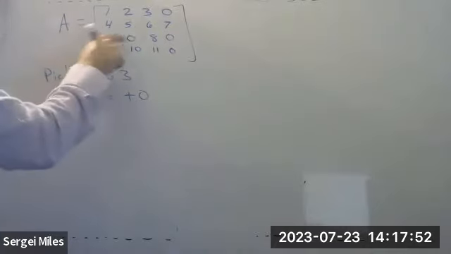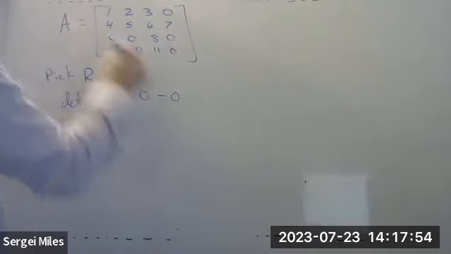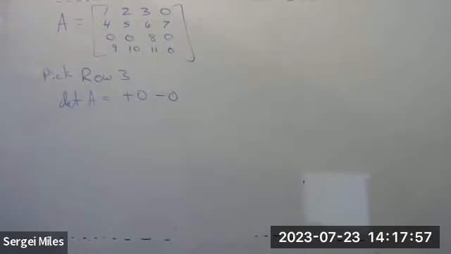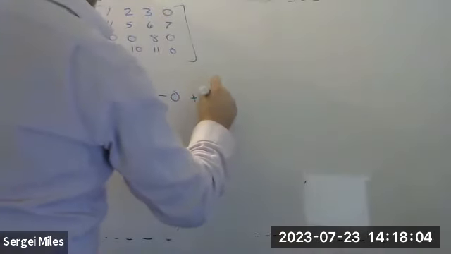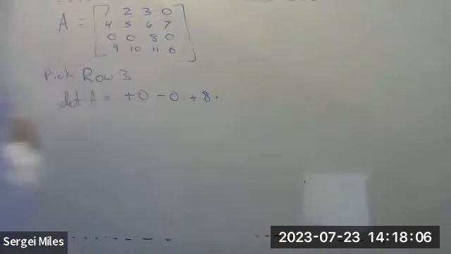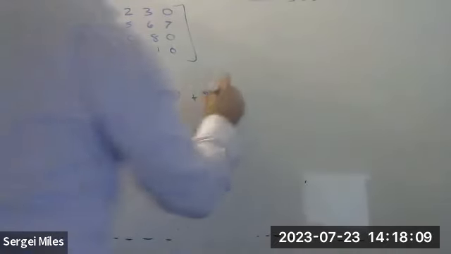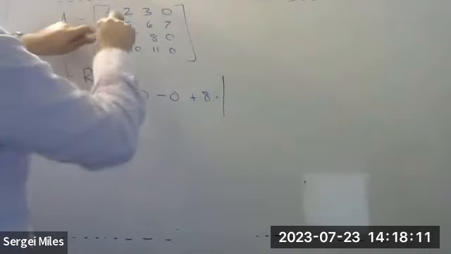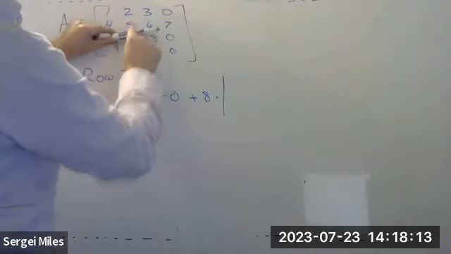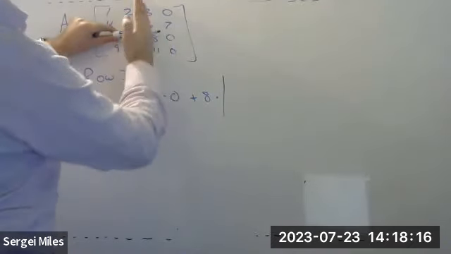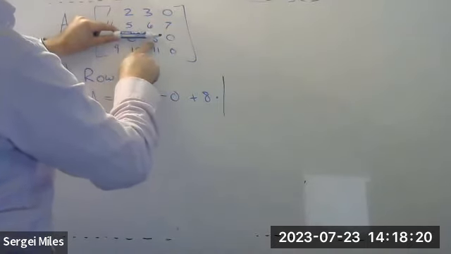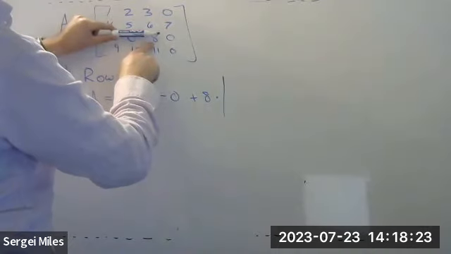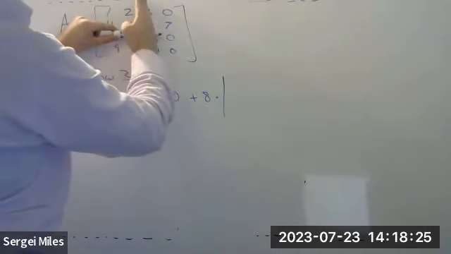Plus 0, all right? Minus 0 times the determinant of a submatrix, but again, it's multiplied by 0, so who cares? I'm not going to write it down. Plus 8. Now I can write out 8 times the determinant of a submatrix. What submatrix? Well, it's the submatrix where I cover up the row and column which contains this entry, 8, so row 3, column 3.